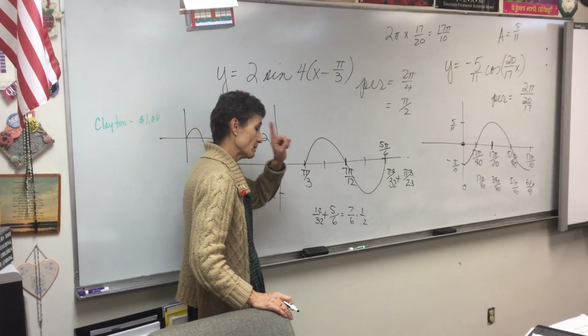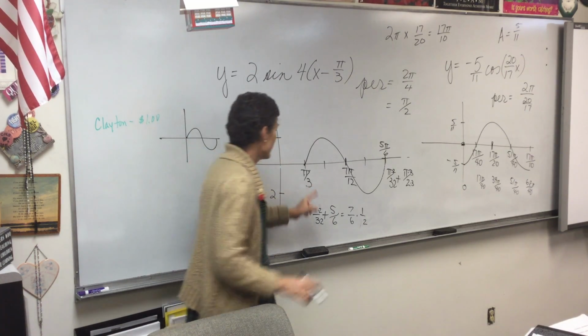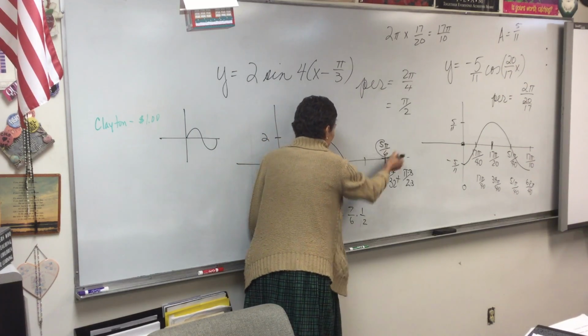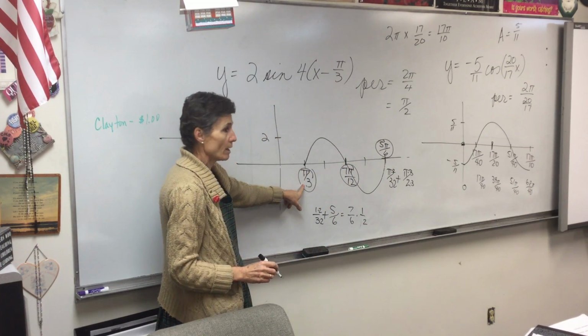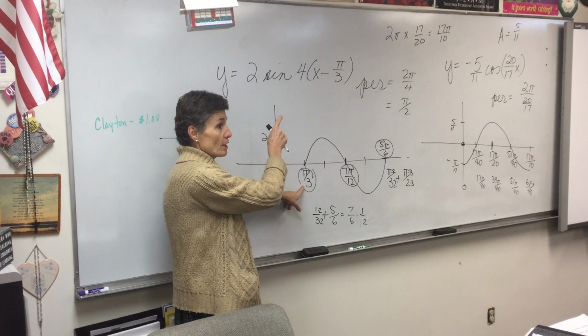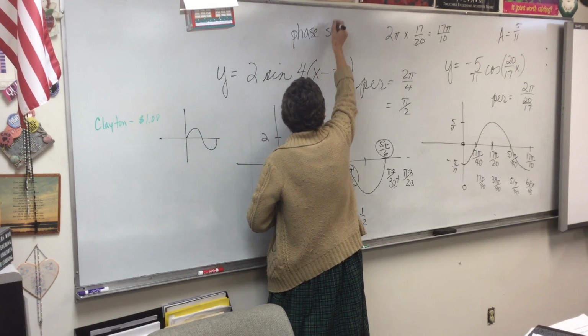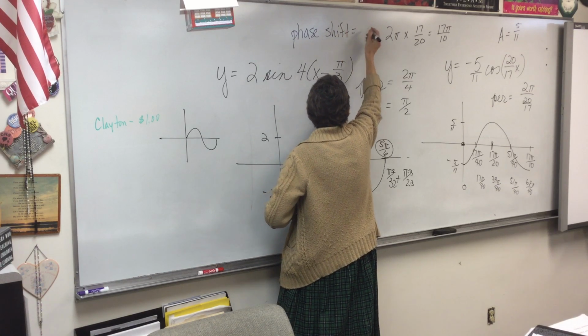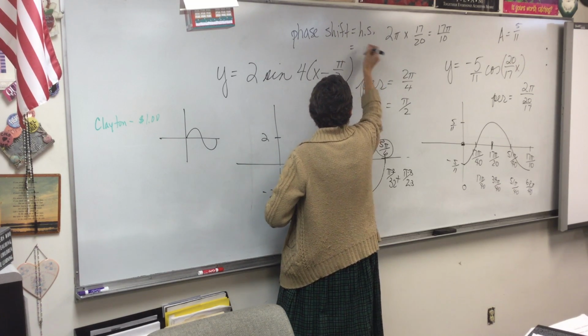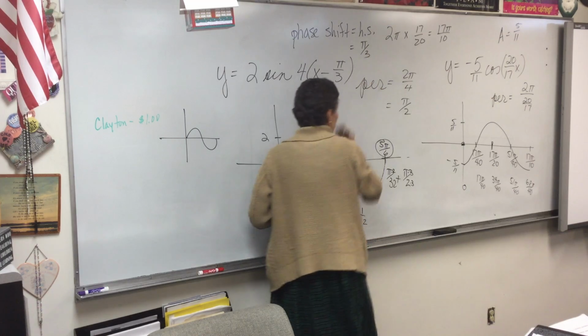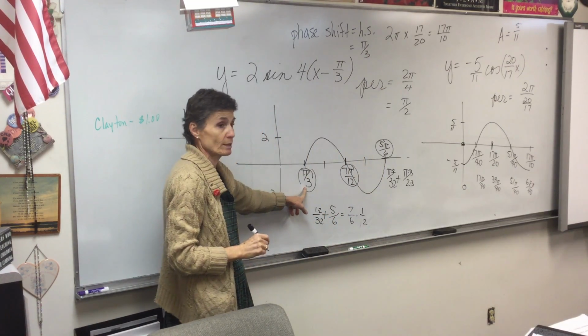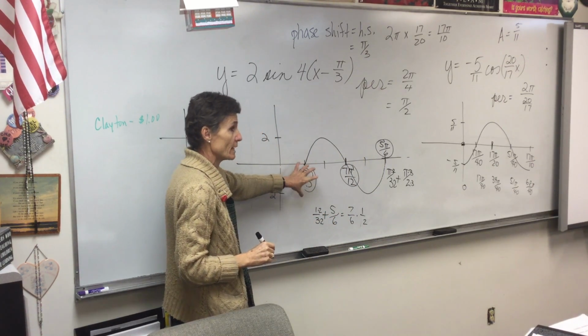Okay, so let's recap, make sure everybody understands where these three numbers have come from. That one was the horizontal shift, we call it the phase shift. That was the phase shift of the problem. It's the horizontal shift, and it was pi over 3 units. We went right pi over 3. The curve started at pi over 3.